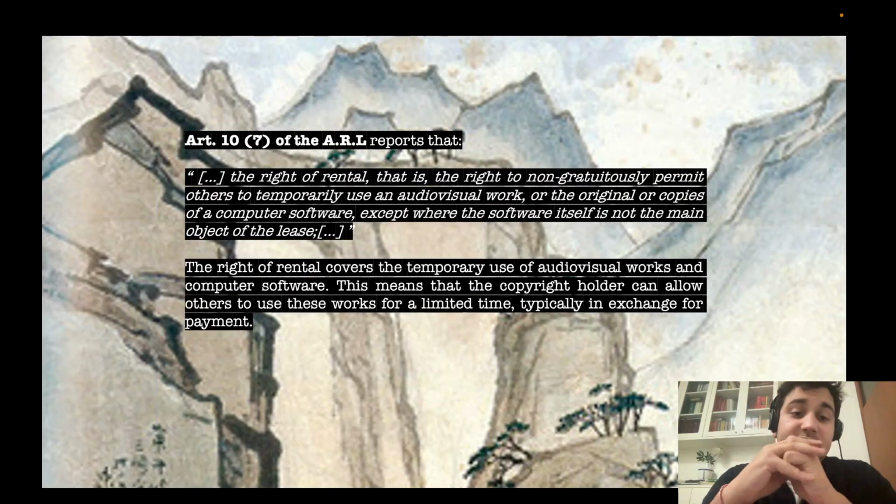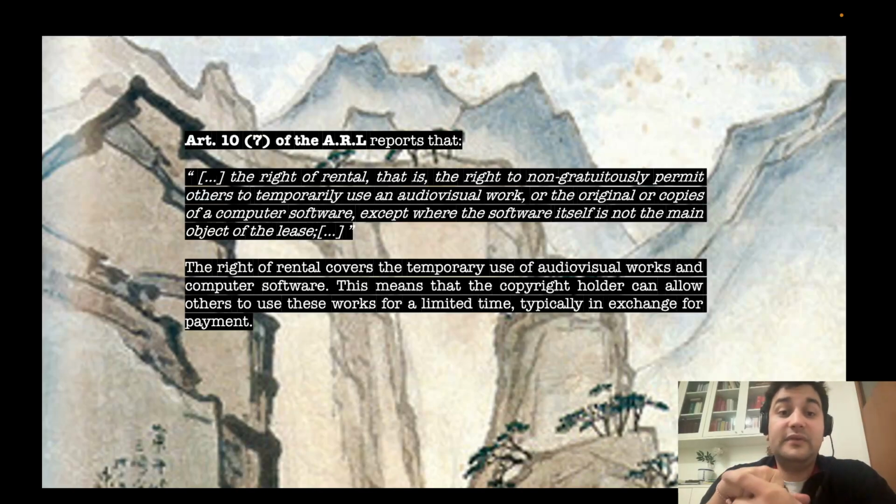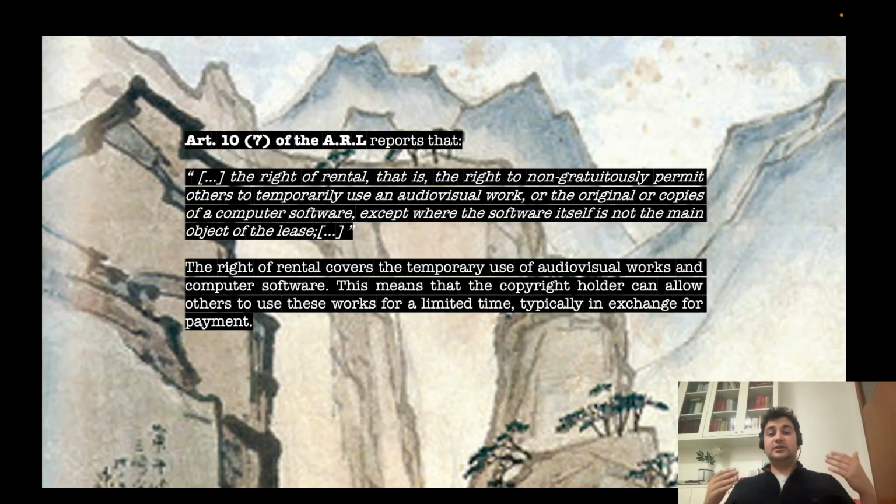Article 10, subsection 7, talks about the right of rental, that is the right to non-gratuitously permit others to temporarily use an audiovisual work or the original or copies of computer software, except where the software itself is not the main object of the lease.